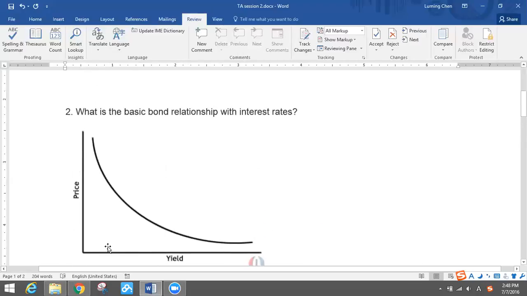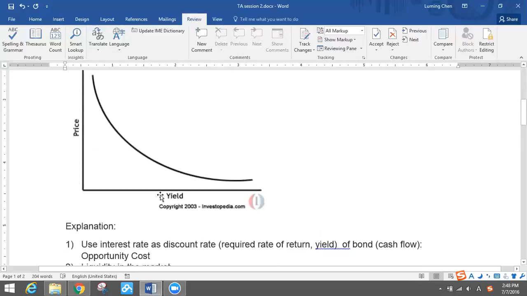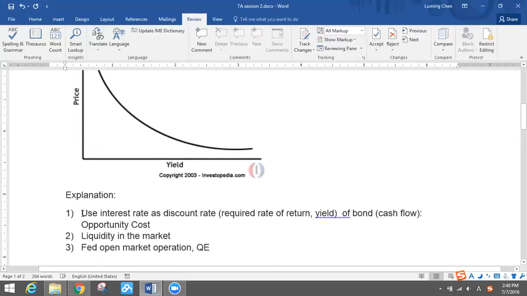So if the yield or the required rate of return or the interest rate is high, and we discount on this rate, the bond price will be low. So it's basically some opportunity cost, because if the interest rate is high, you can lend the money to others instead of investing in the bond.